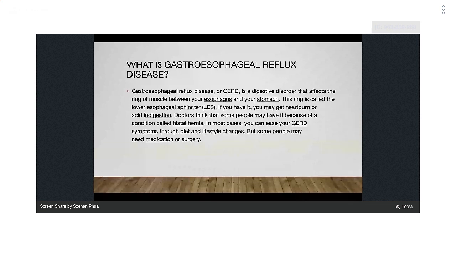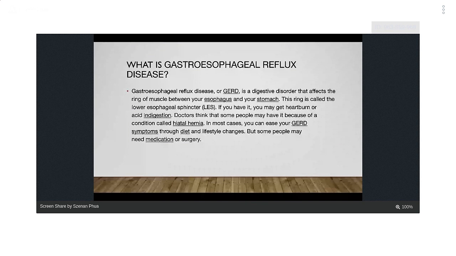It's a digestive disorder that affects the ring of muscle between your esophagus and your stomach. This ring is called the lower esophageal sphincter. I don't pronounce it well. Anyway, if you have it, you may get heartburn or acid indigestion. Most people will feel heartburn, a burning sensation in the chest area, and acid coming to the mouth.